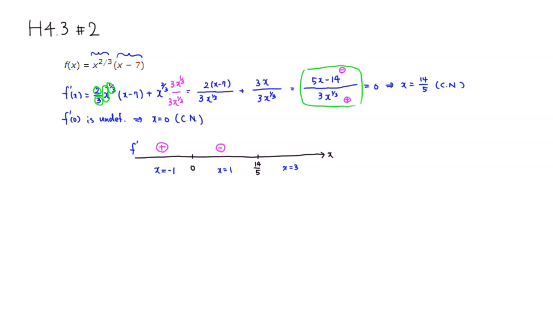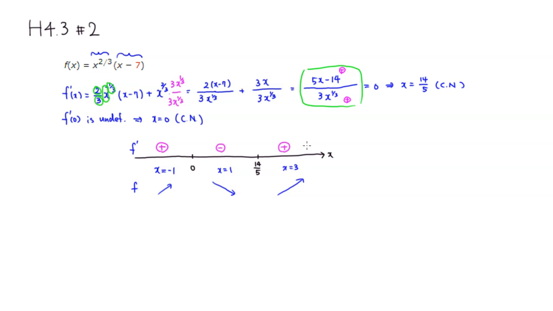The denominator is still positive, and 3 times 5, 15 minus 14, is positive. So positive divided by positive is positive. So the original function is increasing, then decreasing between 0 and 14/5, and then increasing.